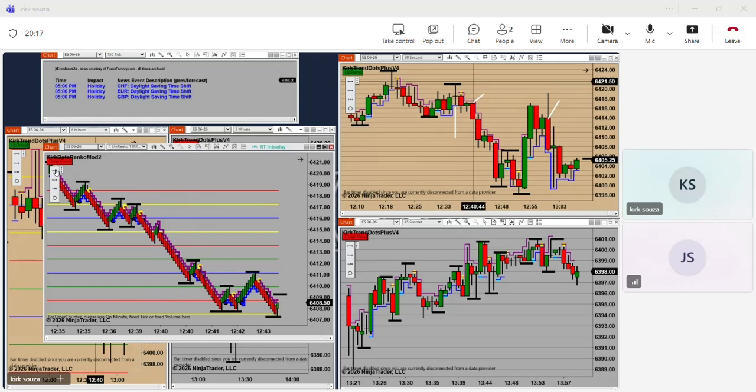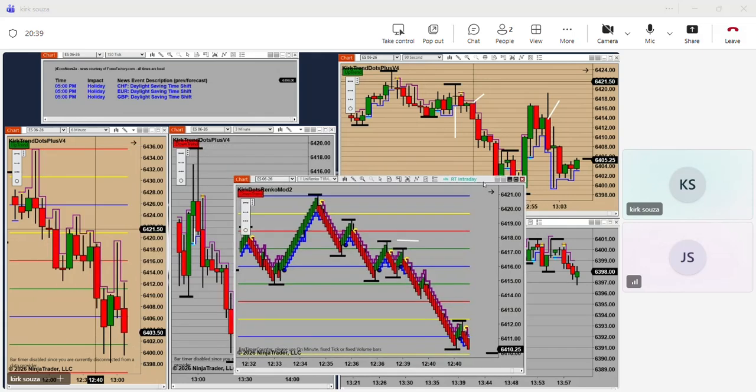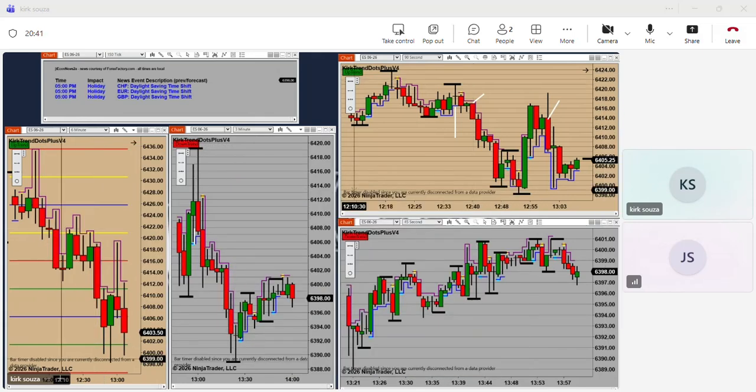So if it breaks this area, probably I put 2 ticks above right there. If it breaks that, then it makes a higher high. So then you don't want the trade no more. But as long as it keeps stepping down, making a higher low, it works. I mean, it works on any time frames.